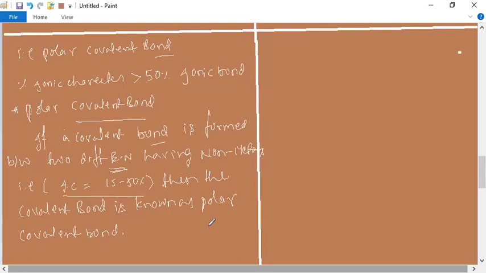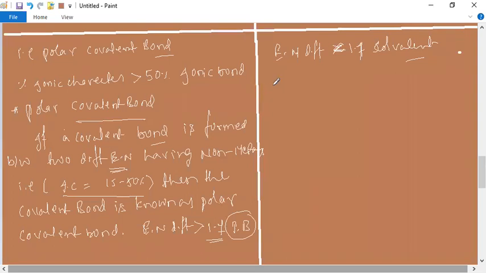You can also tell bond types based on electronegativity difference. If the difference is greater than 1.7, it is an ionic bond. If the difference is less than 1.7, it is a covalent bond, which again can be polar covalent or non-polar covalent.